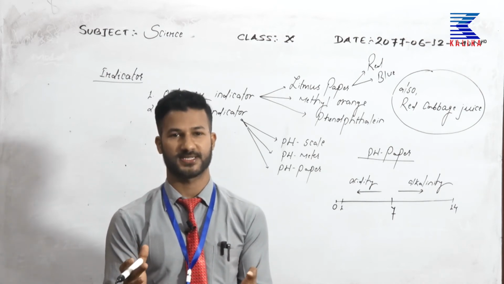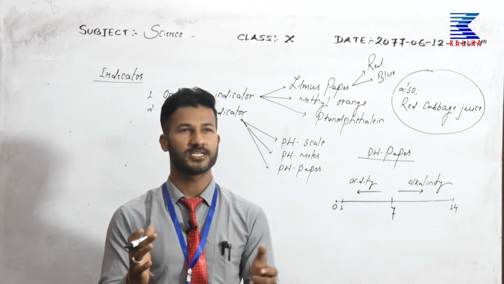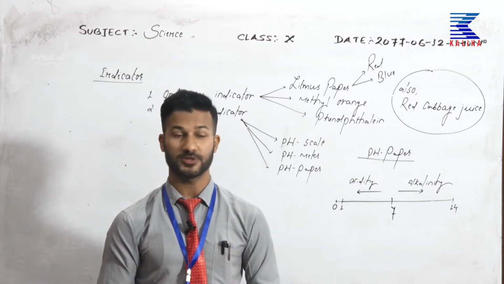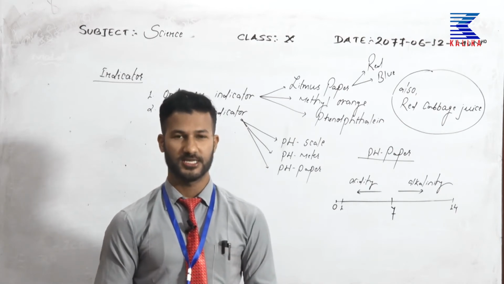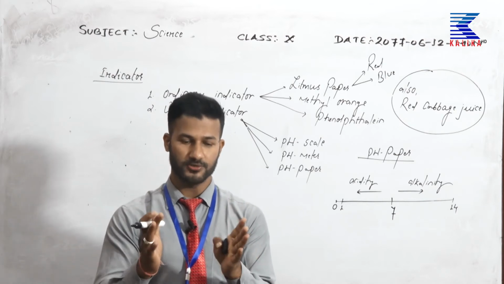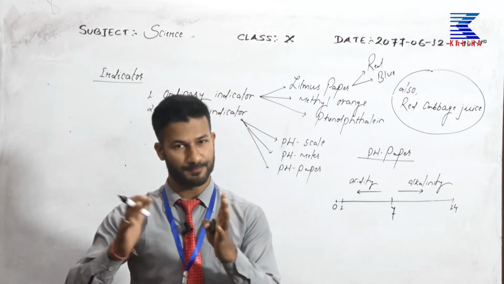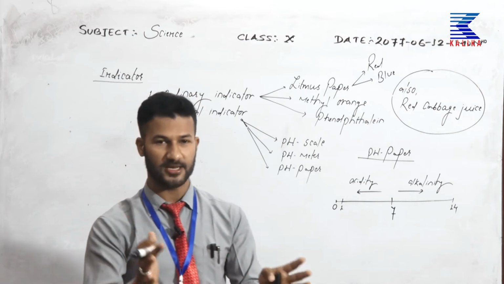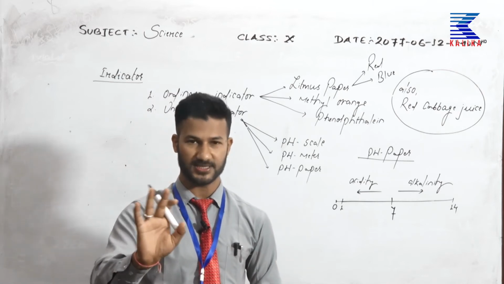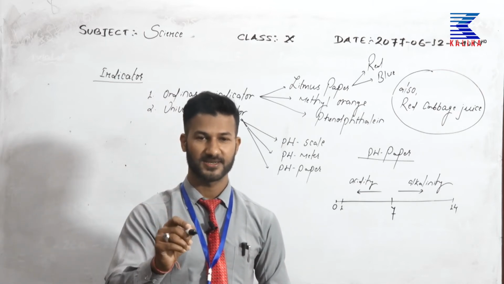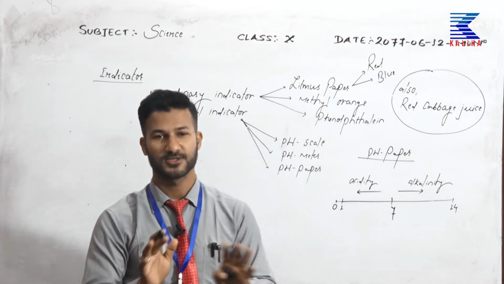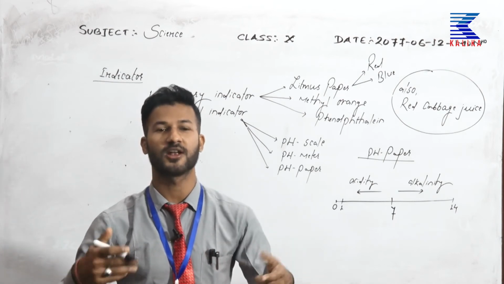Neutral means what? Neutral means they do not bring any chemical change with any indicators. So, you take red litmus paper or blue litmus paper or methyl orange or phenolphthalein, no matter, salt shows neutral nature with them.